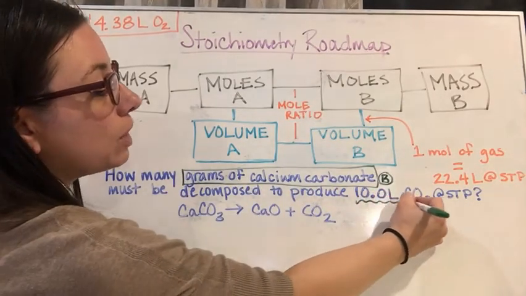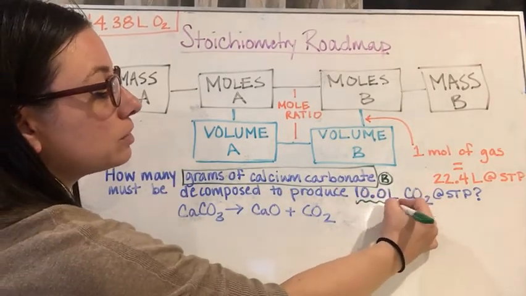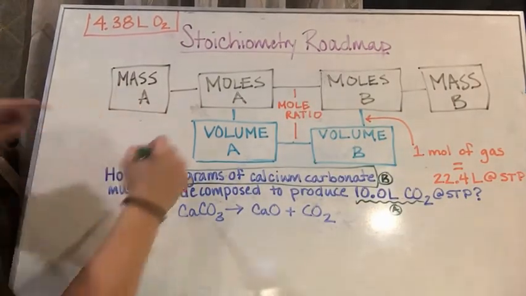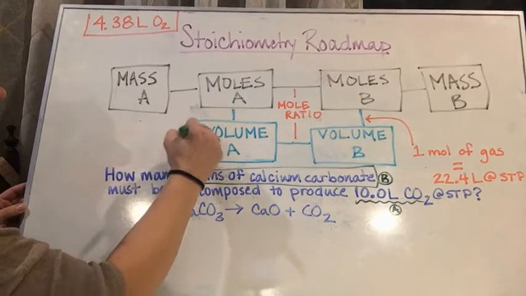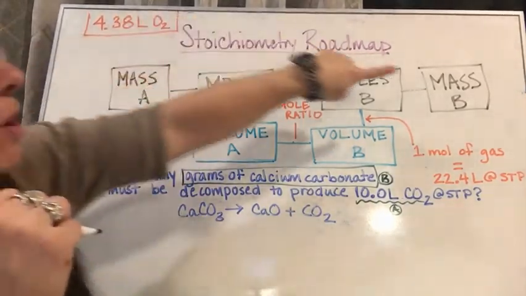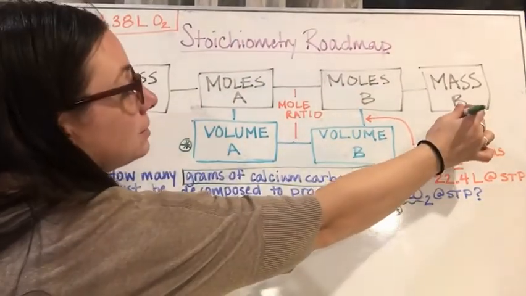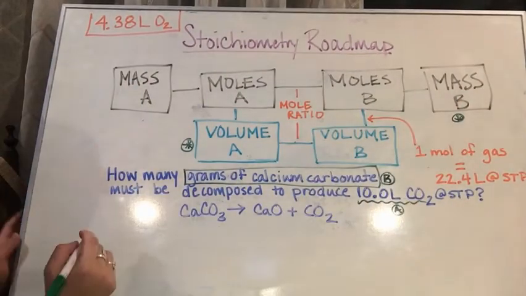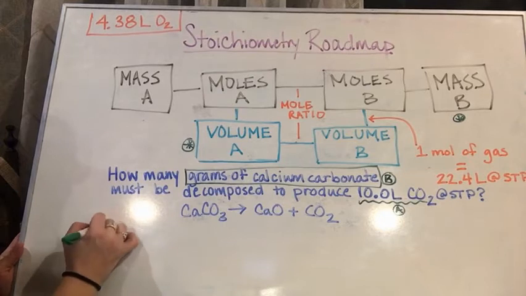So here's what we know. 10 liters of CO2 is our substance A. That means we're starting here at volume A, and we're going all the way over to mass of substance B. So we'll start with our given value here, 10 liters.